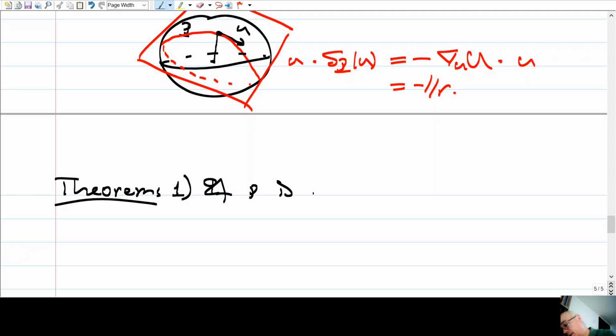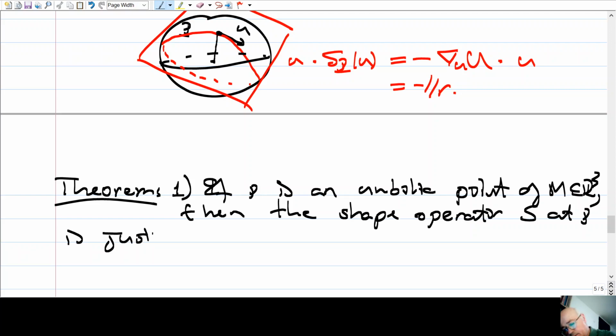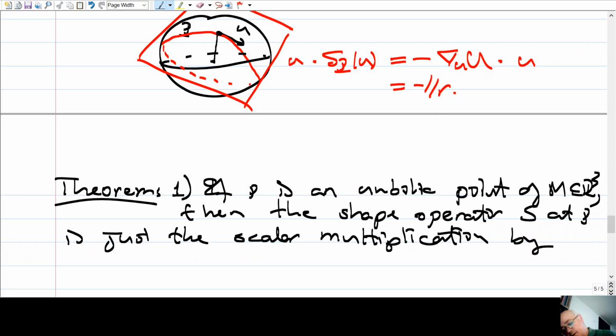If P is an umbilic point, so if the curvature function is constant, of a surface M in R3, then the shape operator S at P is just the scalar multiplication by the constant k, which is equal to k1 and k2.